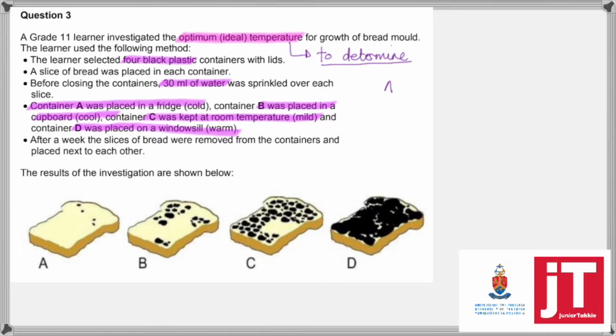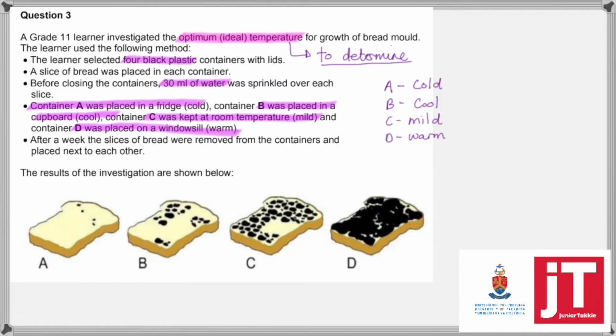So we got 4 levels of temperature here: fridge, which is cold, cupboard, which is cool, in a room, which was a mild temperature, and then on a windowsill, which is considered warm. And then we can see the bread mold growth in breads A, B, C, and D. Those would be the results of the investigation. Container A, B, C, and D were cold, cool, mild, and warm.